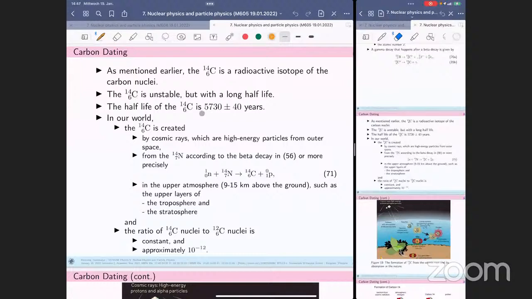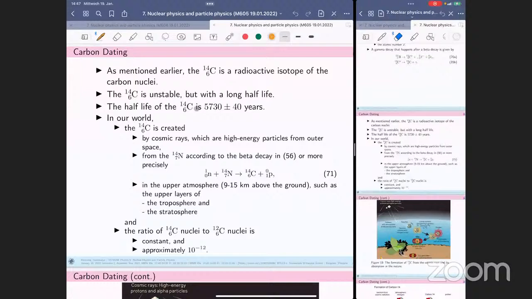I don't think you want to observe something on the order of billions of years, it's too old. But carbon-14, which has a half-life of approximately 5,730 years, plus or minus 40 years for the error, would be a good candidate for us.